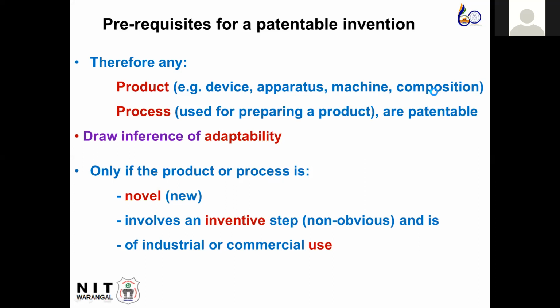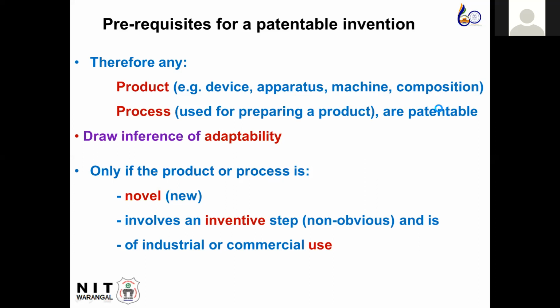Then that process can be patented. Similarly, product, so devices or something which you make novelly, that also you can take the patent. Okay, and you have to always see the adaptability, whether the industry will adapt that or not. Without adaptability, if you unnecessarily make a process or product and take a patent, it will have no use.